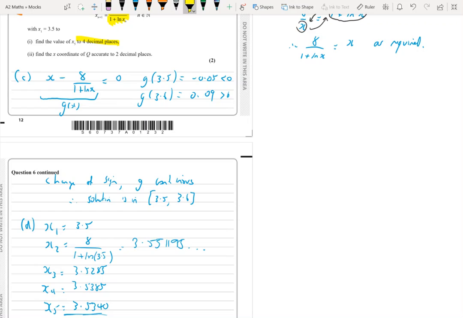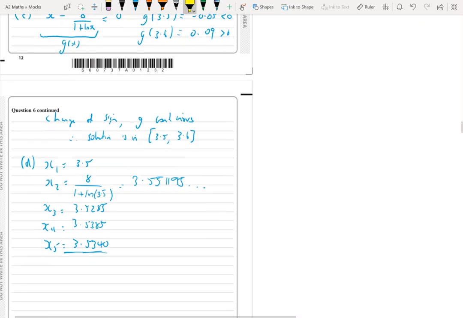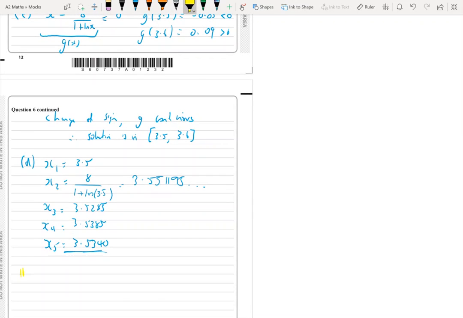Okay, part D, part 2, find the x-coordinate accurate to 2 decimal places. Well, it looks like we had 3.5, 3.55, 3.52, 3.53, 3.54. It's not completely clear what it is yet, so keep pressing equals on your calculator, writing them down if you've got the patience, or just counting ahead each time you press equals.